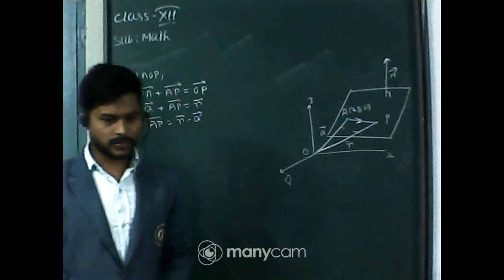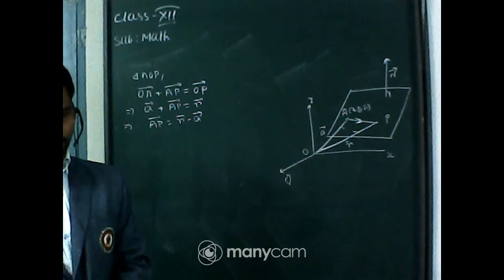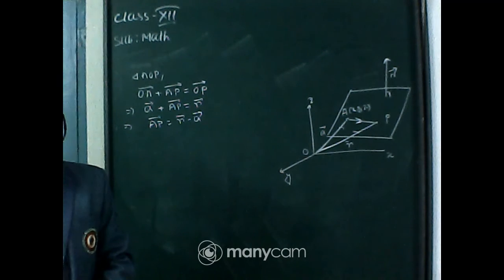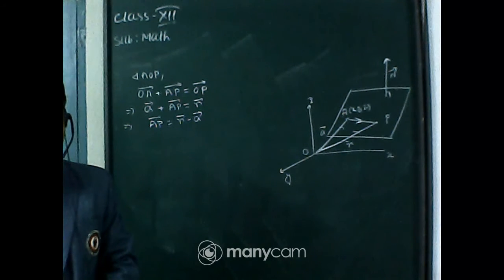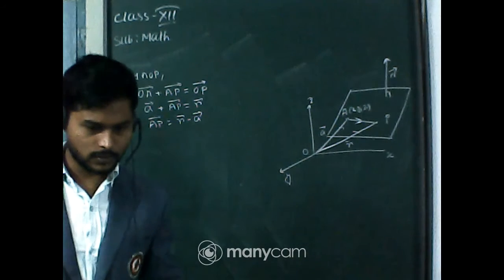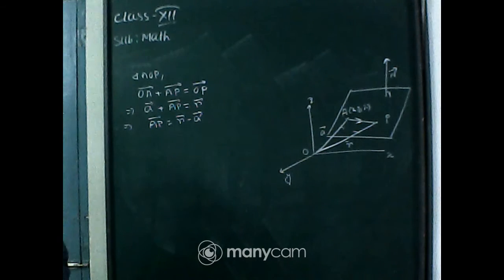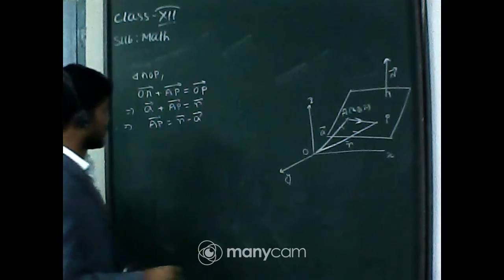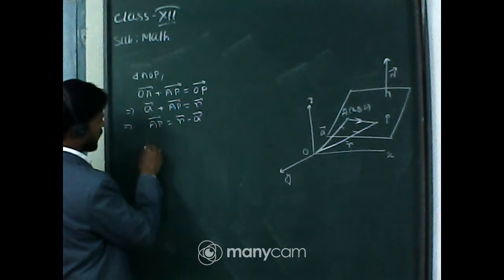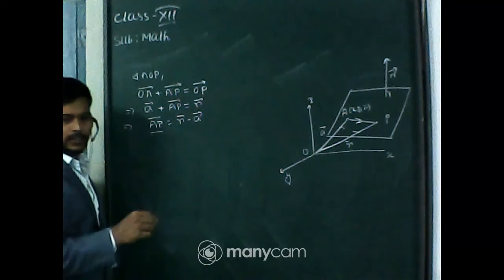Who can tell me? Yes, I think Orpita is typing something. Very good, Orpita, 90 degrees. The angle between the AP vector and the n vector is 90 degrees.